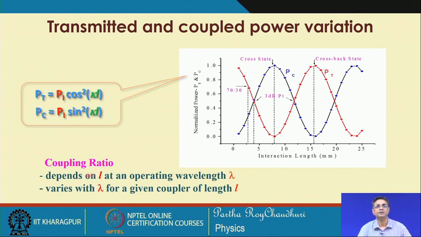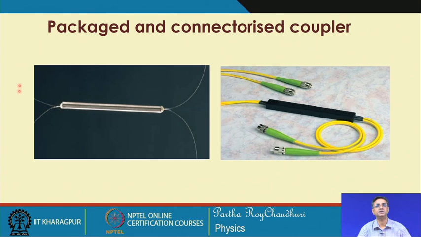This coupling ratio, that is the splitting ratio, depends on L at an operating wavelength lambda, and it varies with lambda for a given coupler length. If the length is fixed, then it depends on wavelength, but if the wavelength is fixed, then it depends on the length of interaction. So, this is the basic principle.